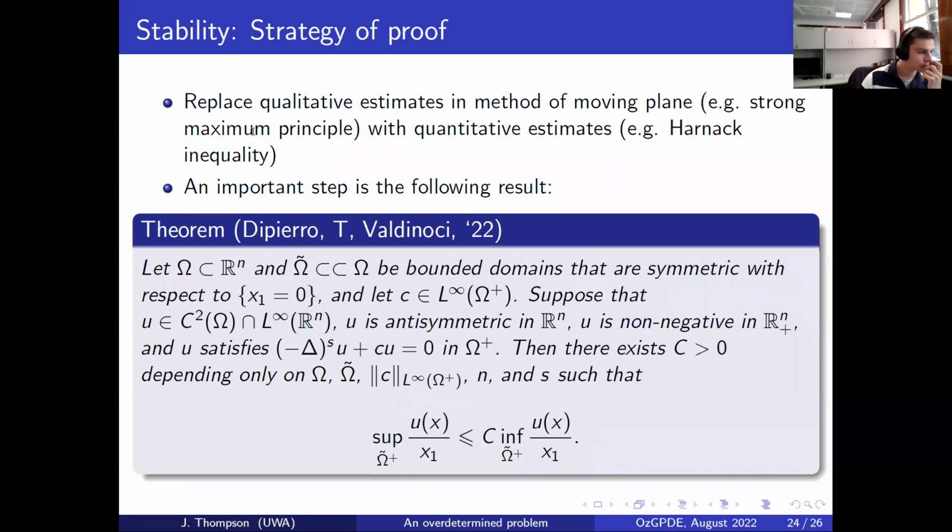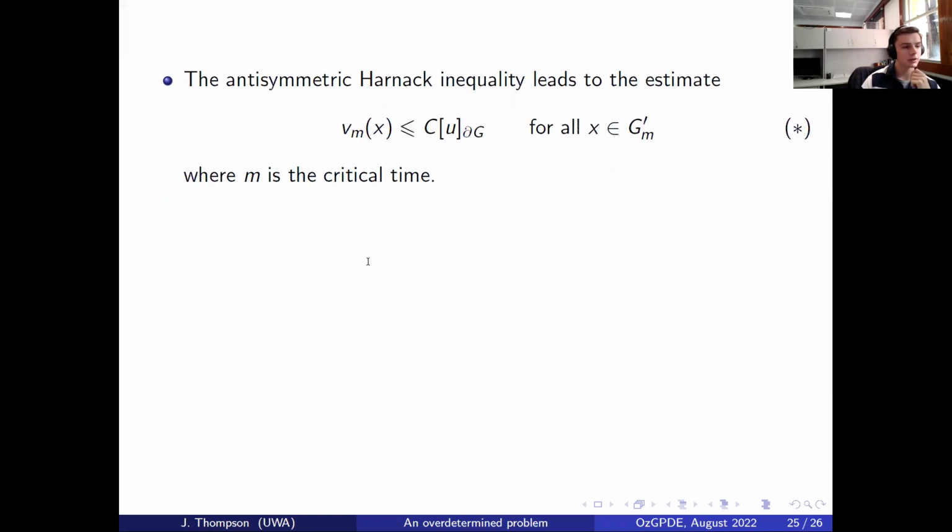So instead, you need to prove a Harnack inequality for anti-symmetric functions, and that's what this result is. So this is an anti-symmetric Harnack inequality. Once this result has been established, you can work through the process as in the local case.